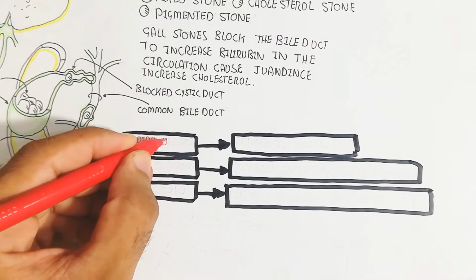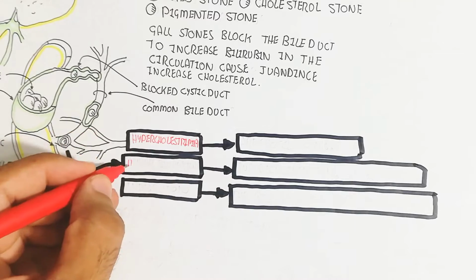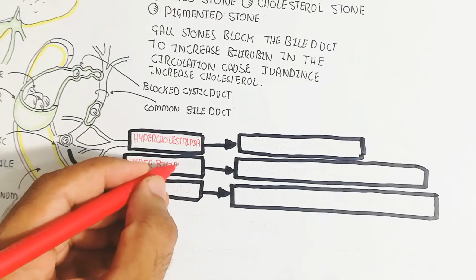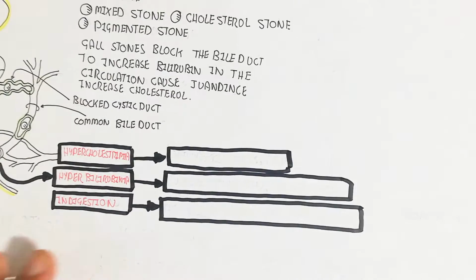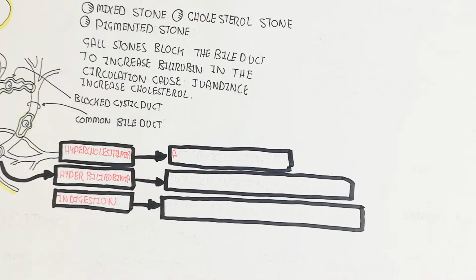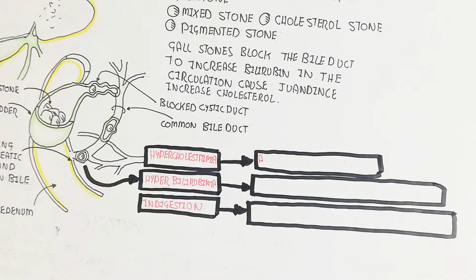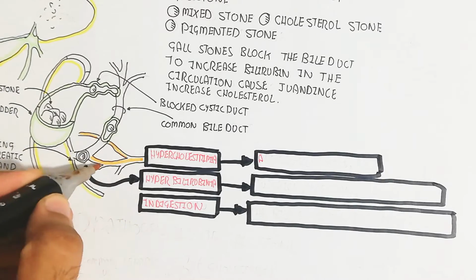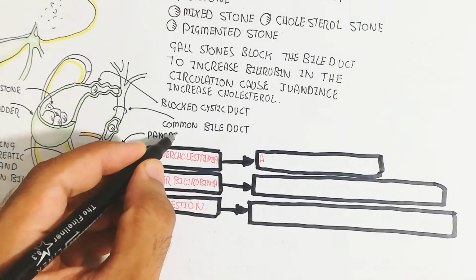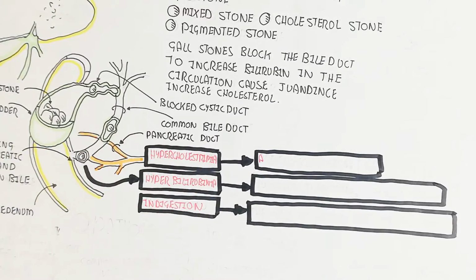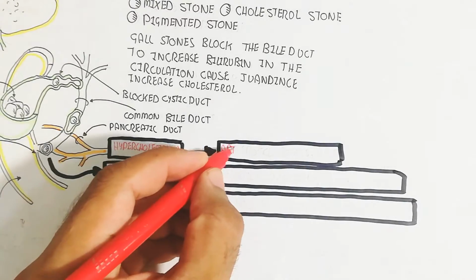Hypercholesterolemia will occur because the extra cholesterol will not be excreted, while hyperbilirubinemia is due to inhibition of bilirubin excretion. Indigestion also occurs because amylase, chymotrypsin, and trypsin will not be released from the pancreas. So protein and carbohydrate digestion will be inhibited.